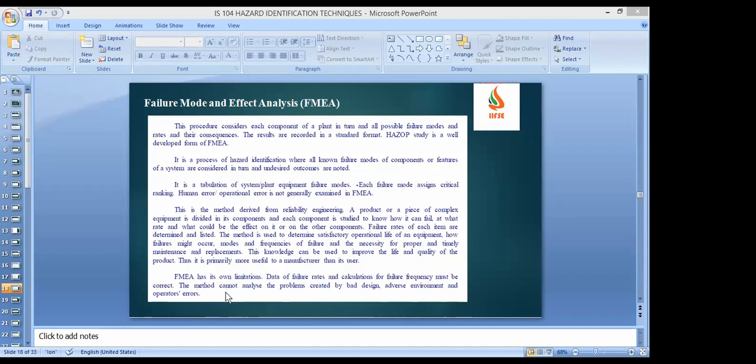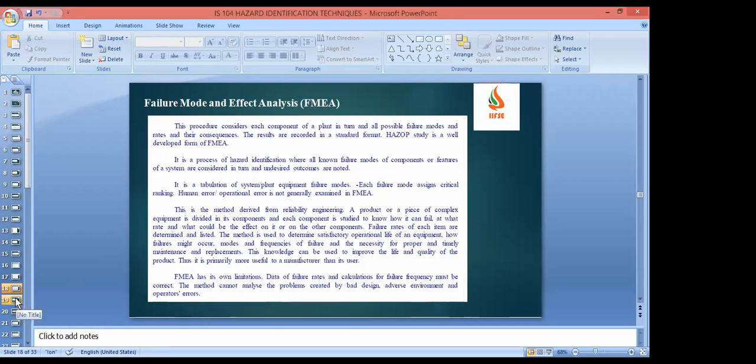The method cannot analyze the problem created by bad design. In case of any design failures, it is not going to identify them, and also adverse environmental conditions and operational errors. The people who are not operating it properly, those cases also it is not going to analyze.